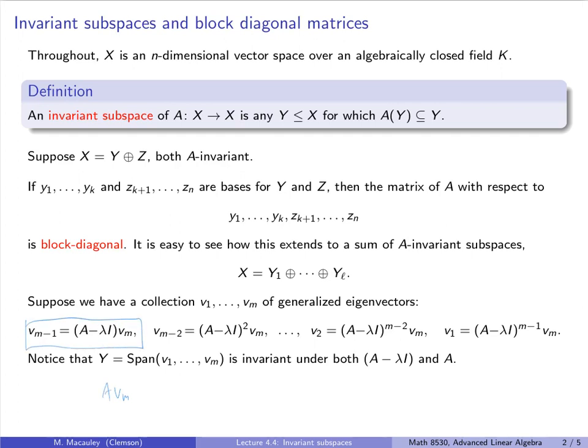from up here. If A minus lambda I times Vm equals Vm minus 1, then A Vm is equal to lambda Vm plus Vm minus 1, and so forth.